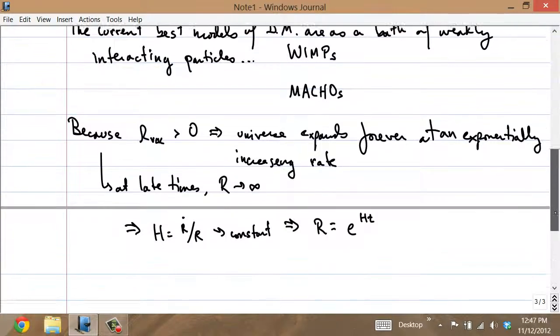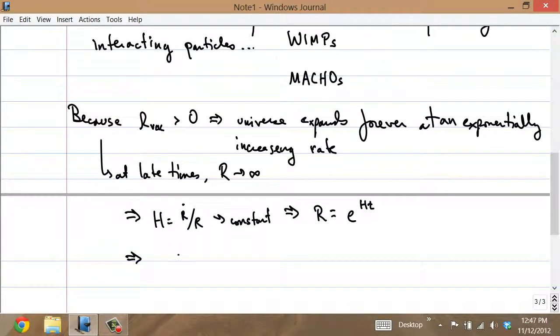So in particular, that means that R dot, which is H times e to the Ht, grows exponentially in time.